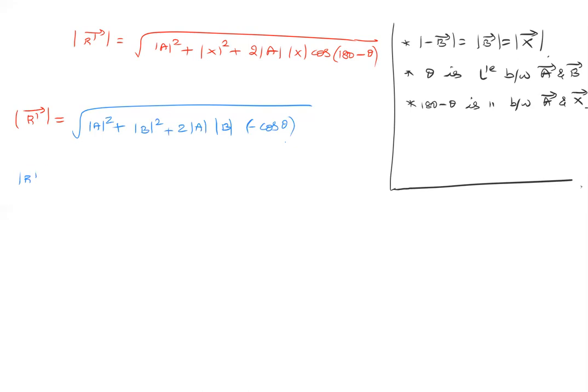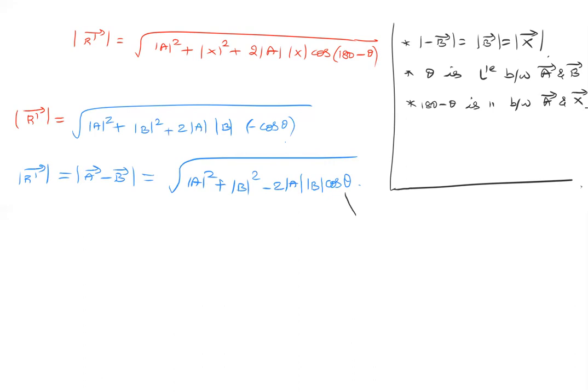So mod of r dash bar, which is mod of a bar minus b bar, is equal to the square root of mod a square plus mod b square minus 2 mod a mod b cos theta. This is your formula for subtraction of vectors, where theta is the angle between a and b.